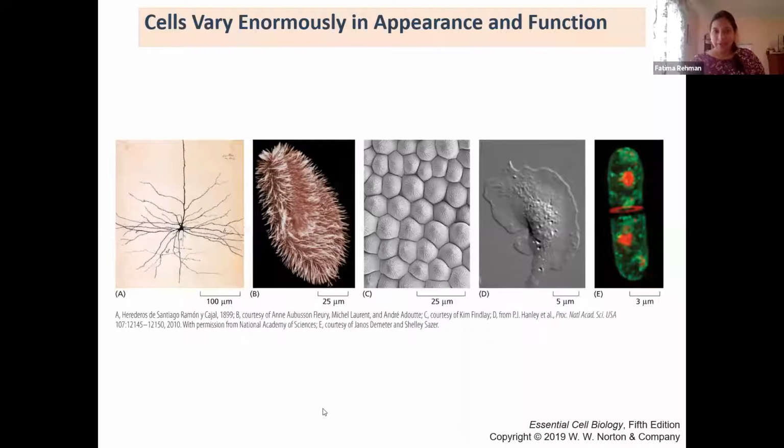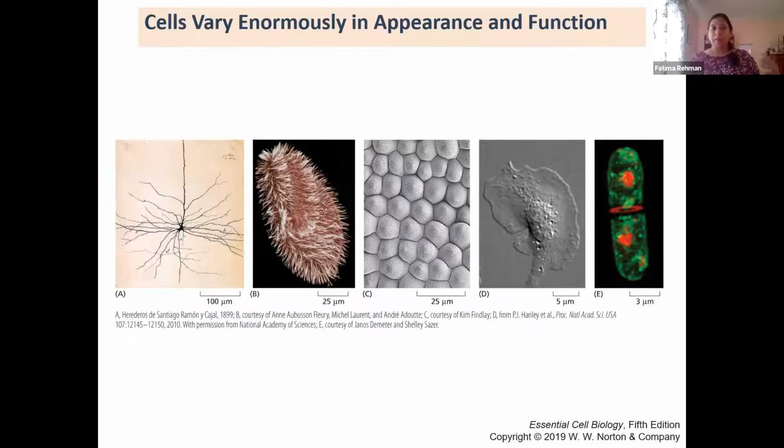Okay, so if we look at cells of various types, we're going to see that they vary in their appearance and in their function. We were talking about single cell organisms, a single cell that just lives a solitary life and does its own thing. You would say it's going to be a very simple organism, but it's not. Depending upon its function and the type of environment it lives in, it can vary a lot, even in that single cell organism state.